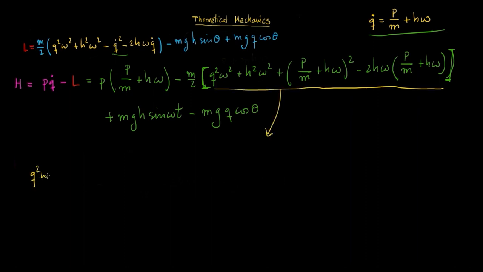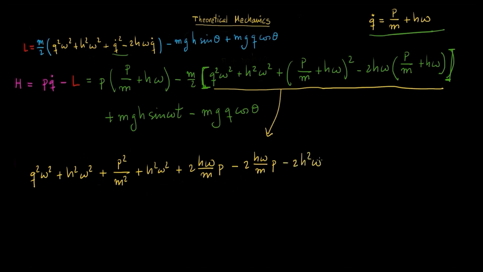It will be q square omega square plus h square omega square plus p square over m square plus h square omega square plus 2h omega over m p minus 2h omega over m p minus 2h square omega square.